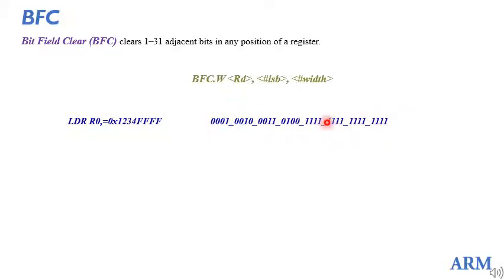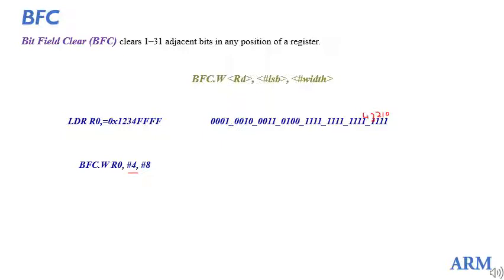Now the instruction to be executed is BFC.W, R0 is the register of our interest, hash 4 hash 8. So the second operand, that is hash 4, is the LSB. LSB means you have to locate that position in the register. So starting from that position you have to insert zeros. So bit number 4, as you can see, the least significant bit is 0, this is 1, 2, 3, so bit number 4 is this one, right?